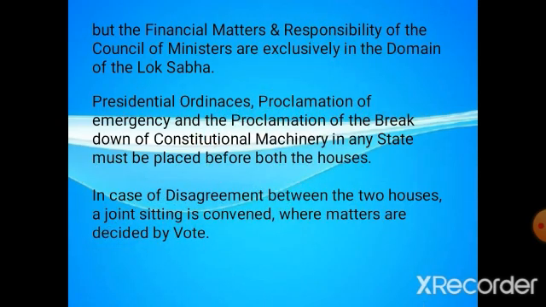But with regard to the financial matters and the responsibility of the Council of Ministers, they are exclusively in the domain of the Lok Sabha. Okay, so that we'll discuss in further headings. The presidential ordinances, proclamation of emergency and the proclamation of the breakdown of constitutional machinery in any state have to be placed before both the houses.